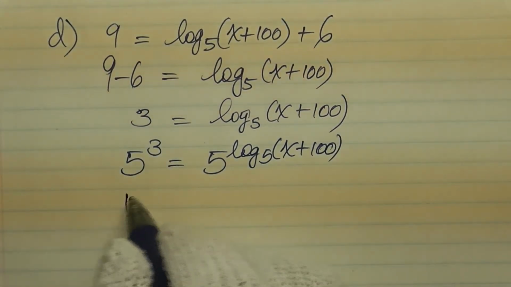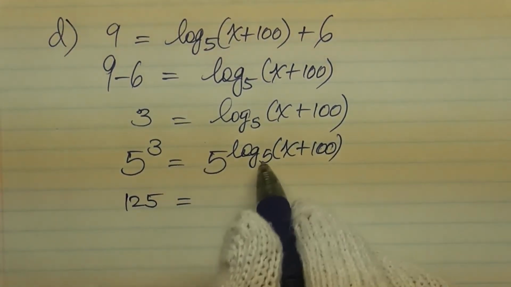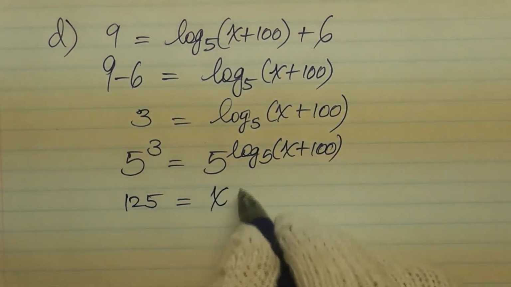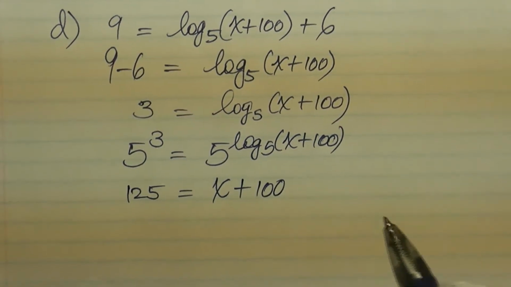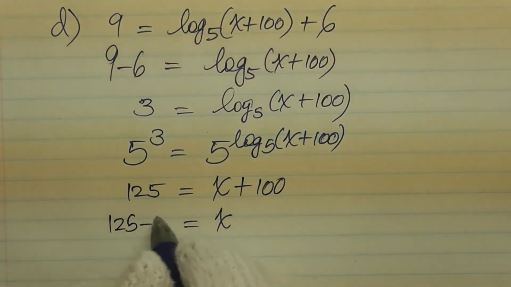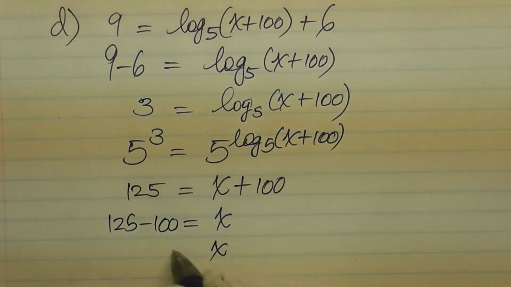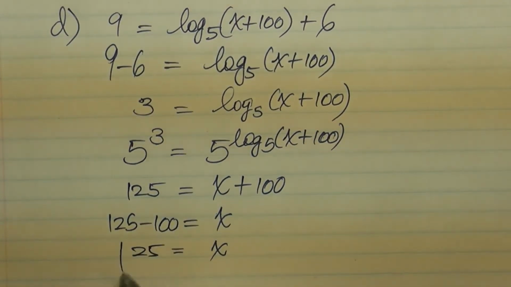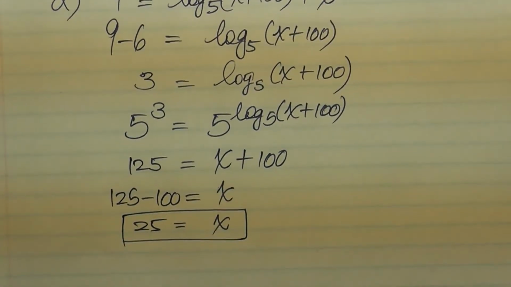Five exponent 3 is going to give me 125. 5 to the exponent log 5 x plus 100 is going to give me x plus 100. So x is equal to 125 minus 100. X is equal to 25.